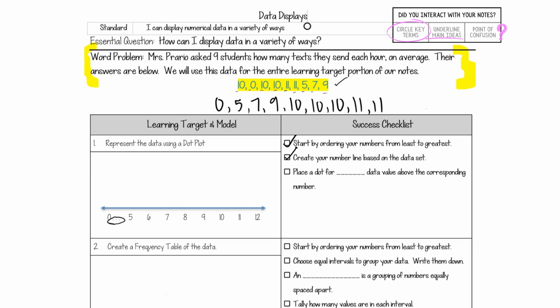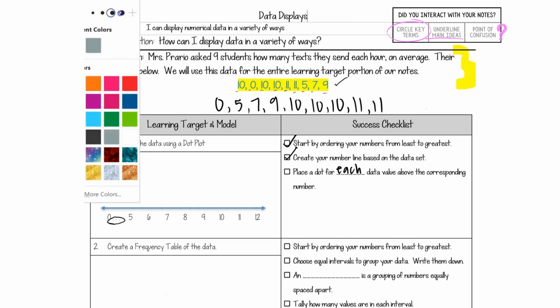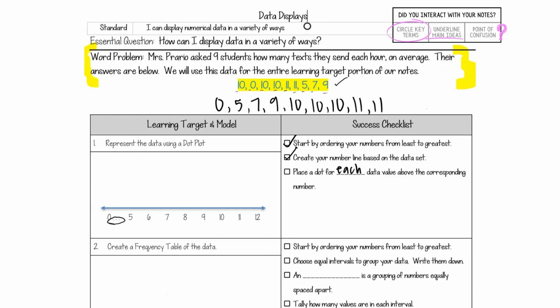And then it says place a dot for each data value above the corresponding number. My first data value is 0. And then I have a 5, 7, 9, 3 10s.